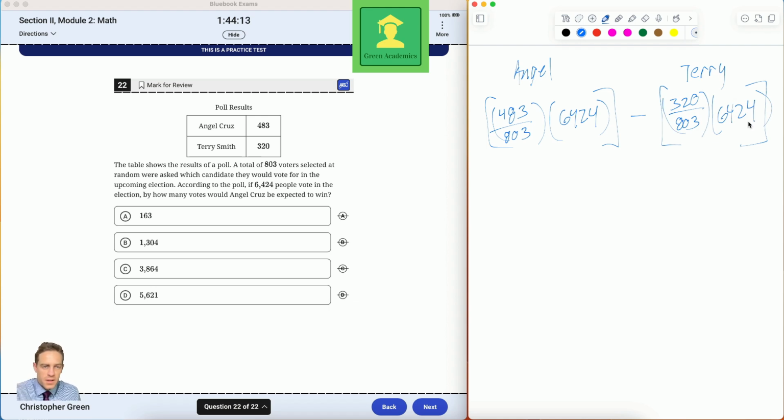And then if you want to be clever, you can subtract the numerators in the left parts of the fractions and get 163 803rds times this, which is 1304.